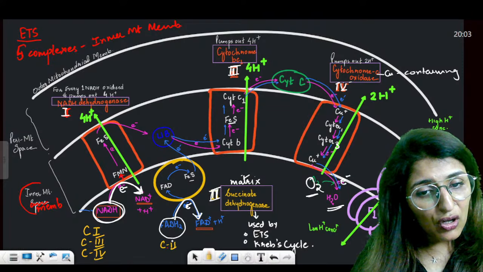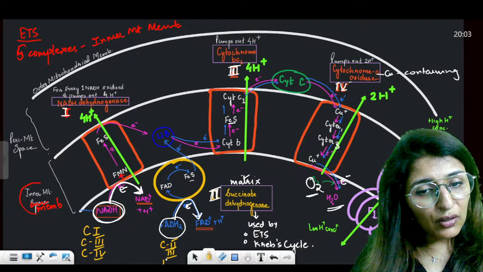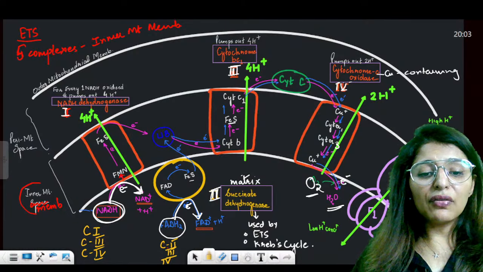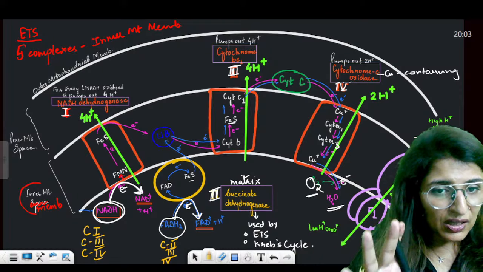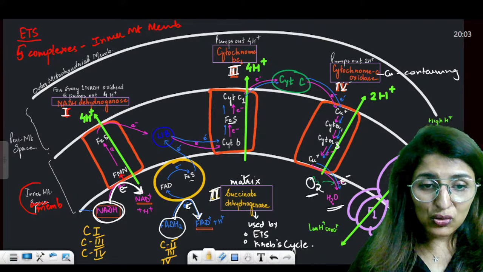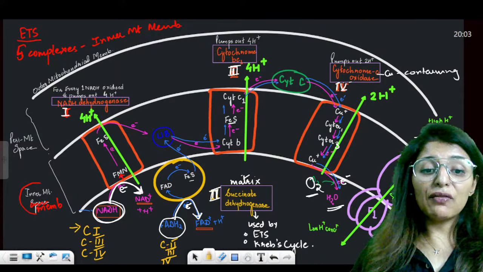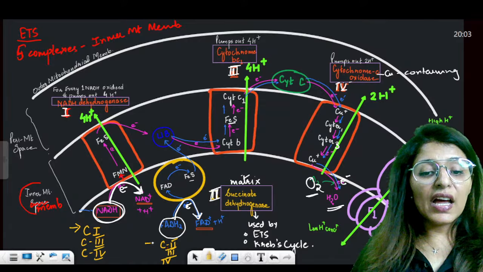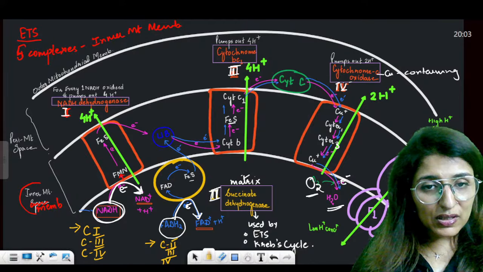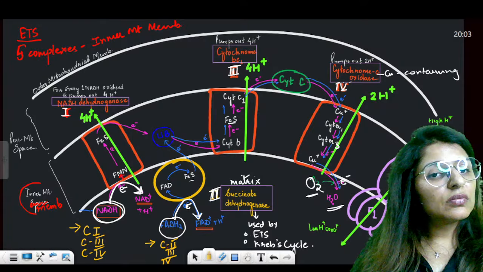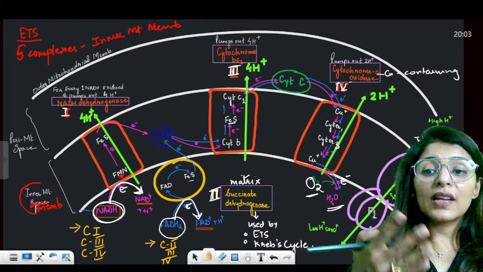Complex number 2, complex number 3, and again complex number 4. So 3 and 4 will participate in both processes, in the oxidation of both NADH as well as FADH2. But complex 1 is only for oxidation of NADH, and complex 2 will only participate in the oxidation of FADH2. Now, you might ask, where is ATP?